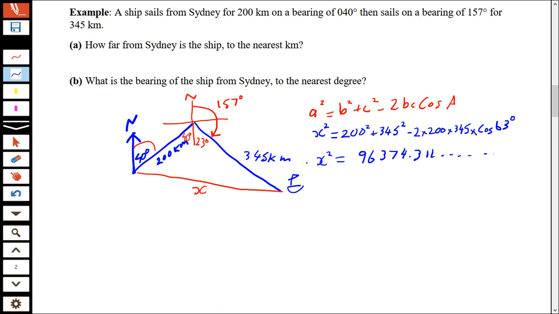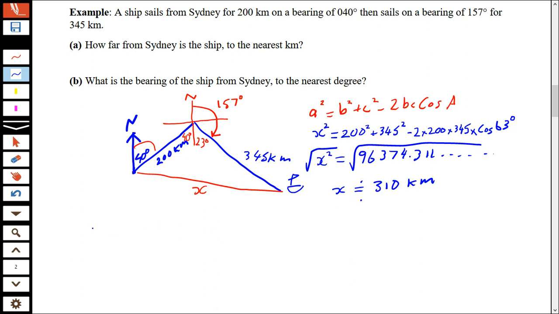Then you're going to square root that. Keep that whole number in your calculator. Just press square root and then press the answer button, ANS, equals. So you should get, to the nearest kilometre, 310.